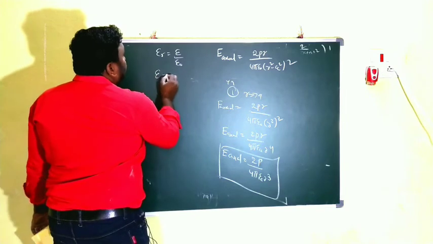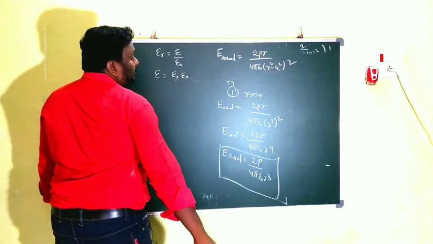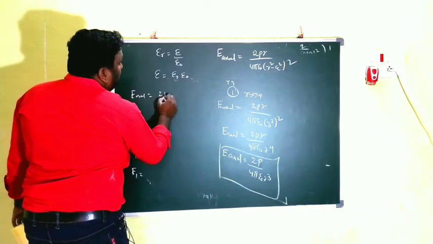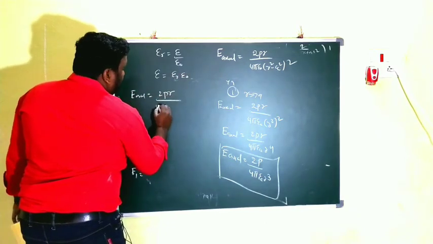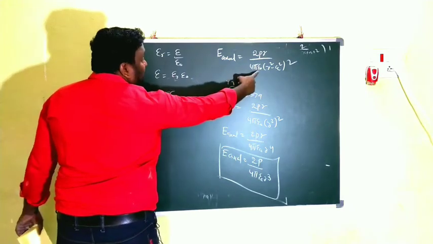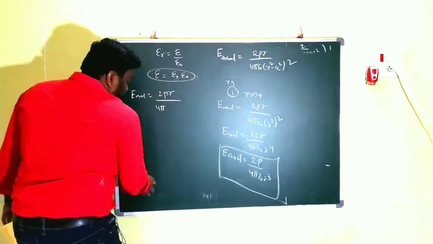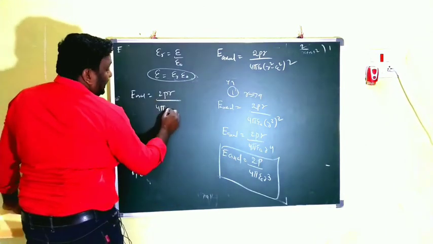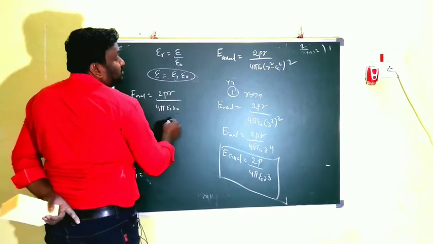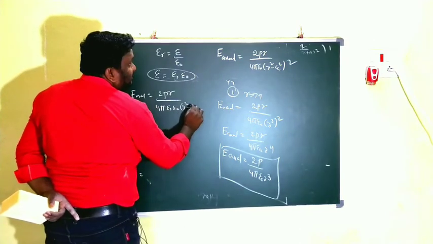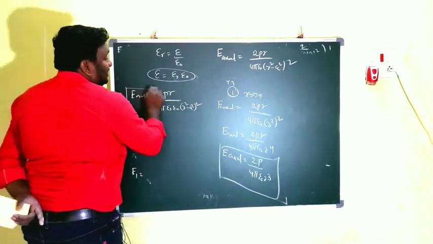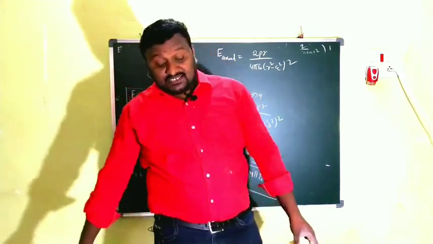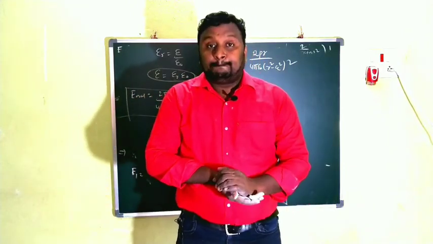From that we write epsilon is equal to epsilon r into epsilon naught. Then substituting, E axial is equal to 2pr by 4 pi epsilon r epsilon naught into (r square minus a square) whole square. This is the expression for electric field intensity at a point on the axial line in case of a medium.